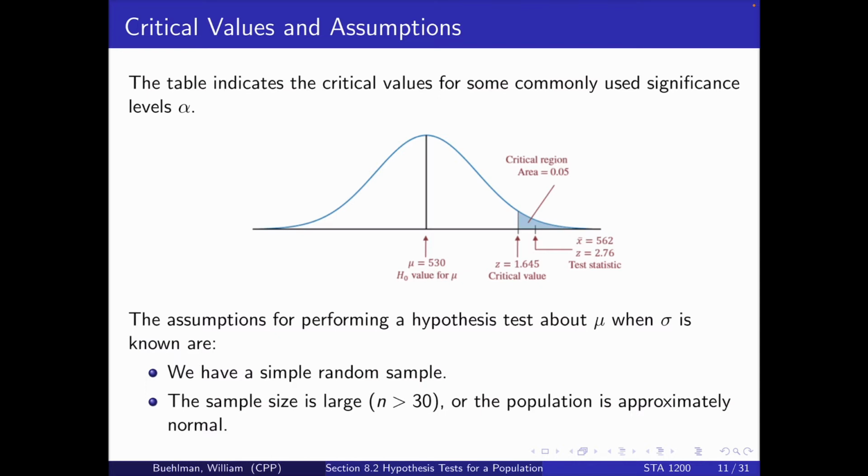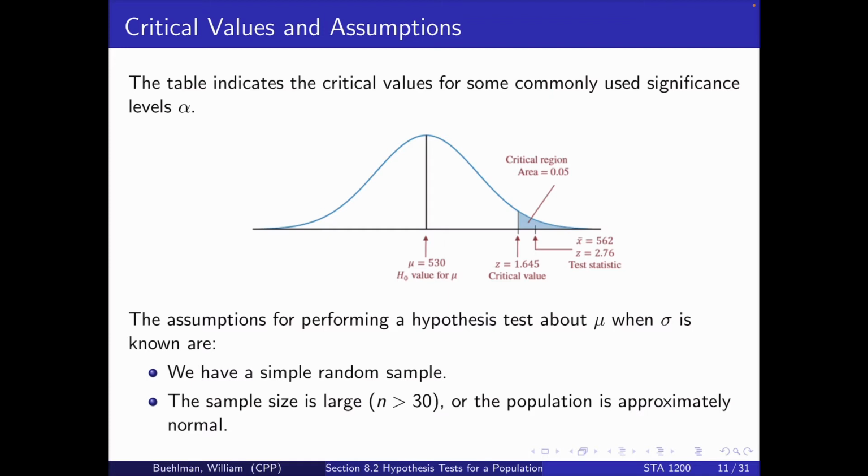The assumptions for performing a hypothesis test about mu when sigma is known, so about the mean when the standard deviation is known, are that we have a simple random sample and that the sample is large, so greater than 30, or the population is approximately symmetric.